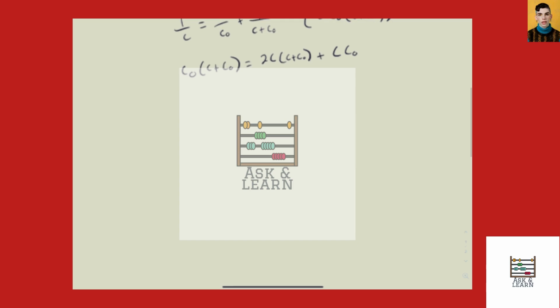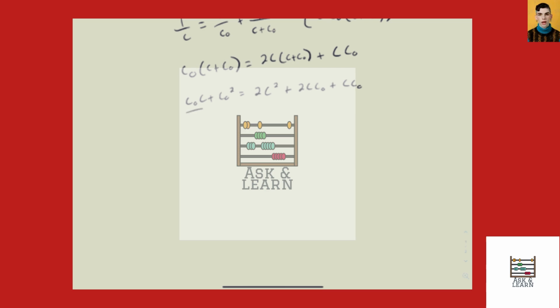And now I'll distribute everything out. This is C0C plus C0 squared is 2C squared plus 2C times C0 plus C times C0.